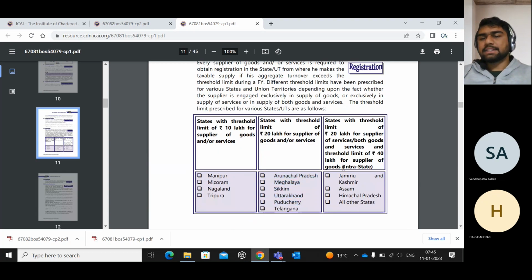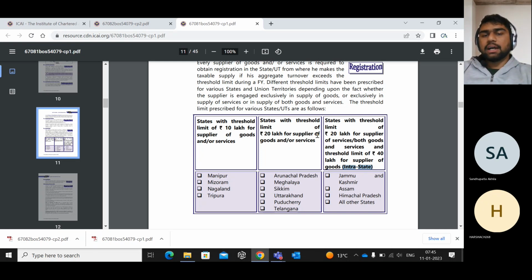Why he mentioned intrastate here, the relevance I will let you know in the upcoming chapters, but I will explain. There are some circumstances where a person is compulsorily liable to register.